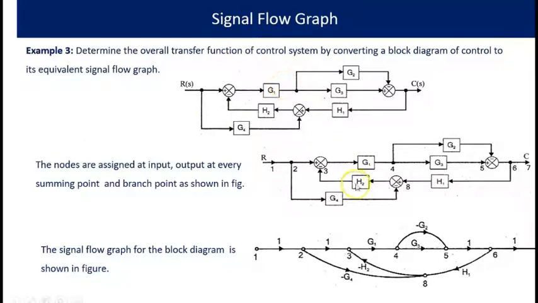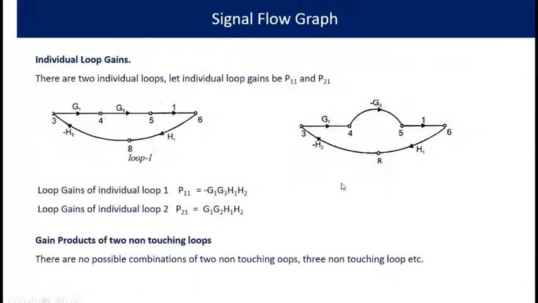Here identify the loops: G1, G3, H1. Here it is plus, and H2 is minus, so G1, G3, H1, minus H2. Similarly, there is a parallel path, therefore G1, G2, H1, minus H2. These are the two loops: G1, G3, H1 minus H2 and G1, minus G2, H1 minus H2.